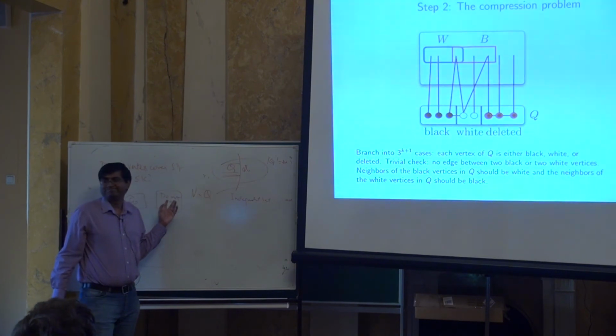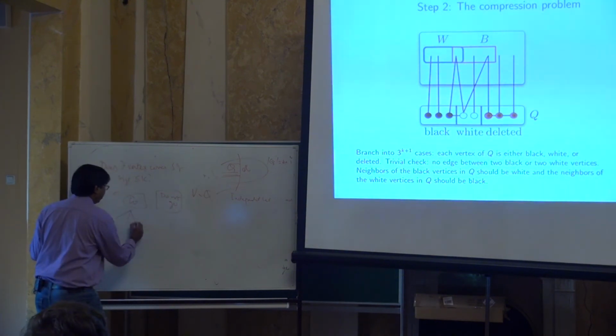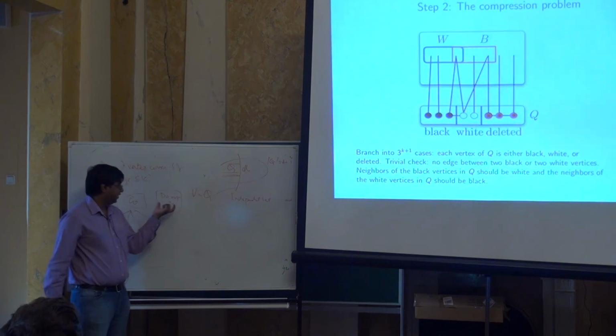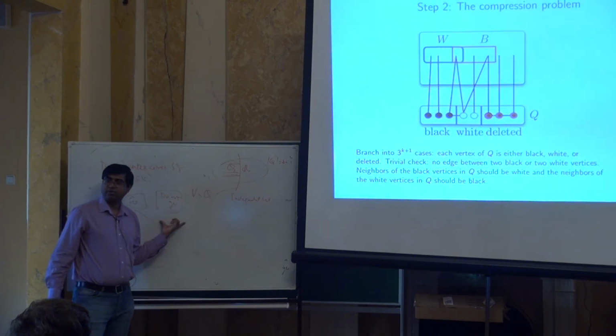Otherwise, no, you cannot make a vertex cover of size K without containing any of these vertices. Okay? So how many such branches are here? 2 to the power K plus 1. Now this is independent. Now if these vertices do not go, then what happens to their neighbors?